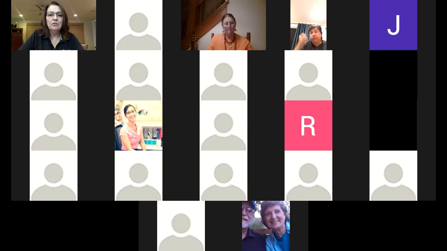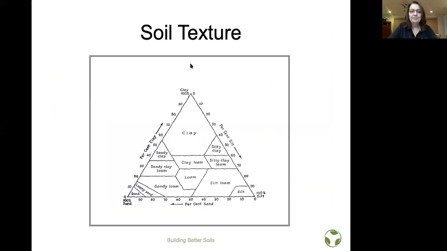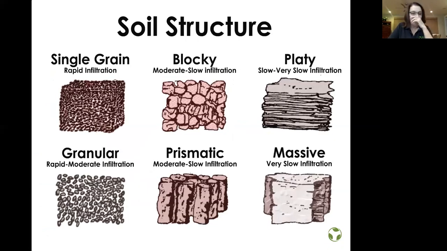I'm going to go back to screen sharing here. So when we have these soil particles, what we want to do is take this clayey soil and turn it into a granular soil.